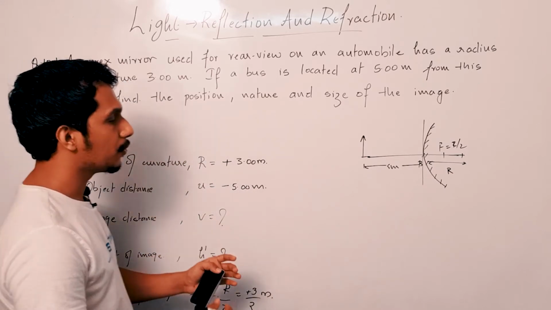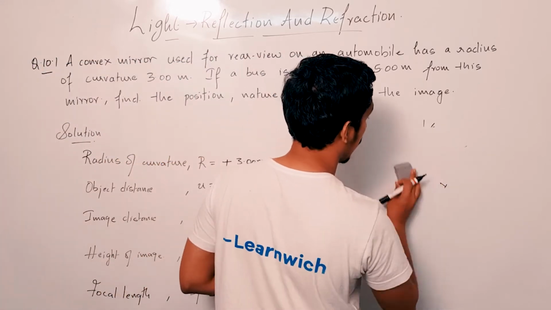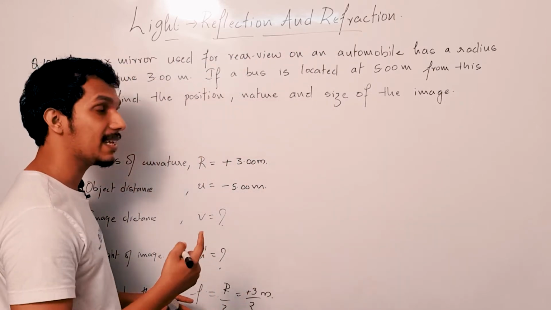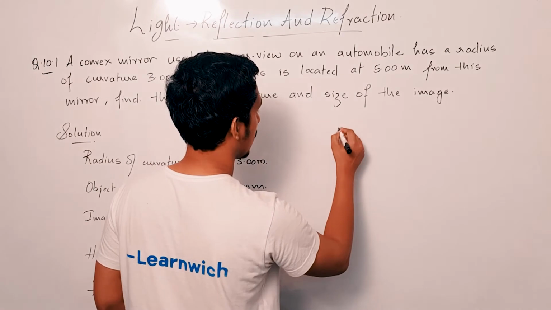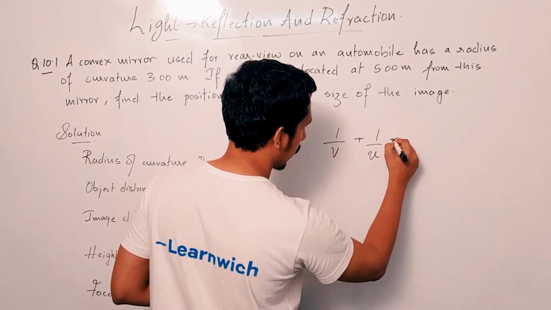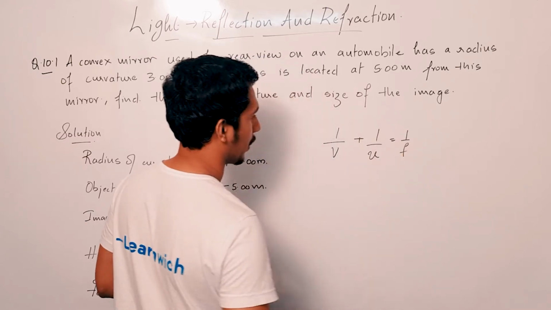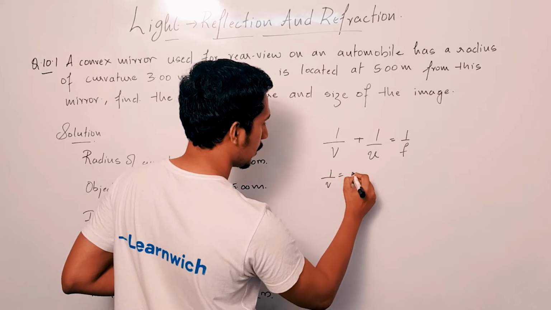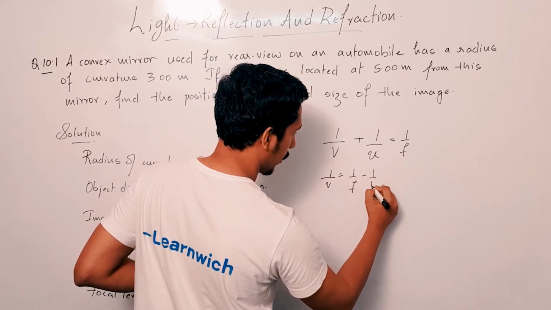Now substitute in the mirror formula. What is the mirror formula? It is 1 by v plus 1 by u equal to 1 by f, and you have to find the image distance. So 1 by v is equal to 1 by f minus 1 by u.